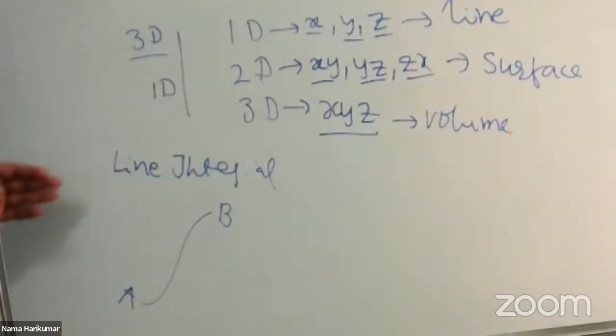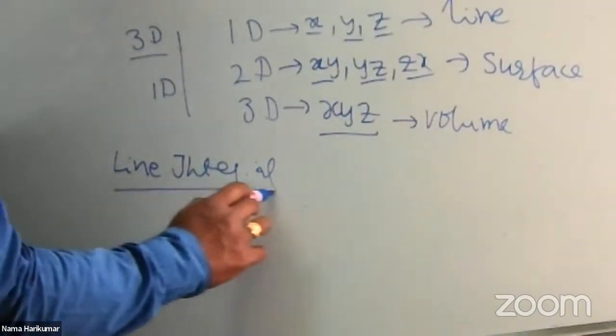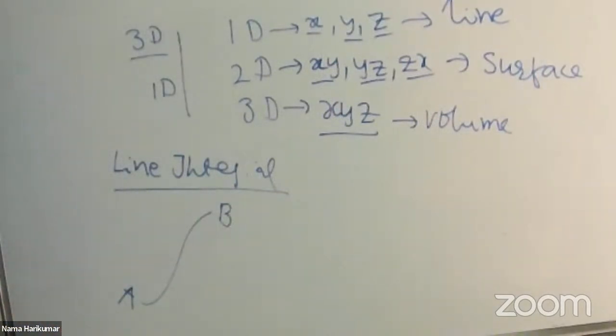So these are integrals. In our textbook, page number 17. In the line integral we have to consider one curve. This curve is AB.